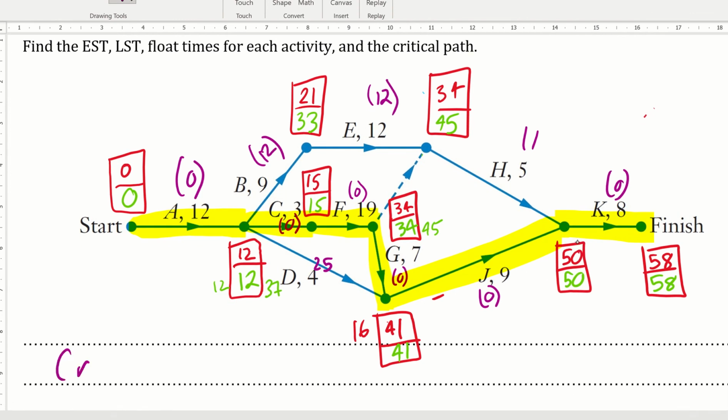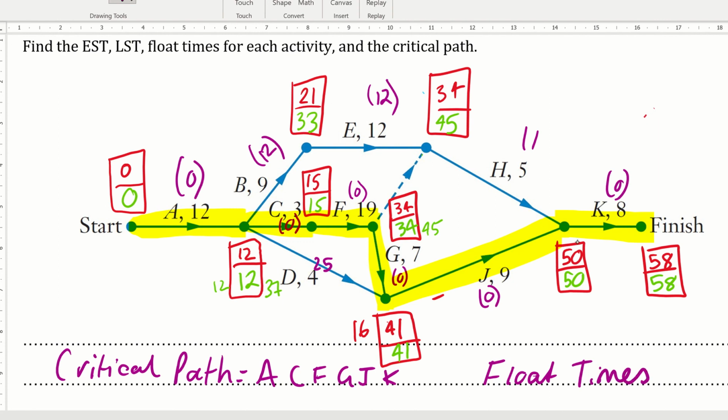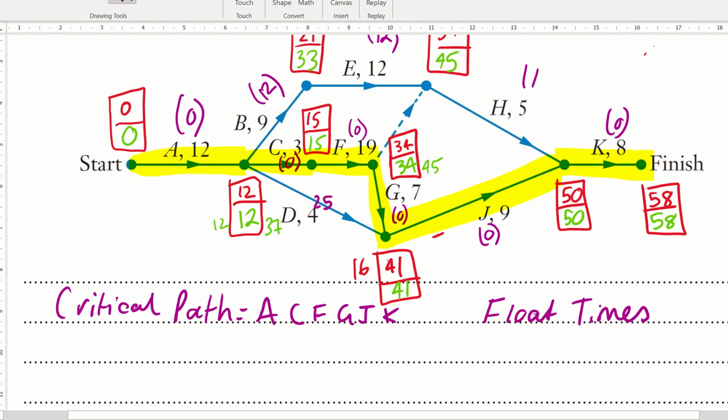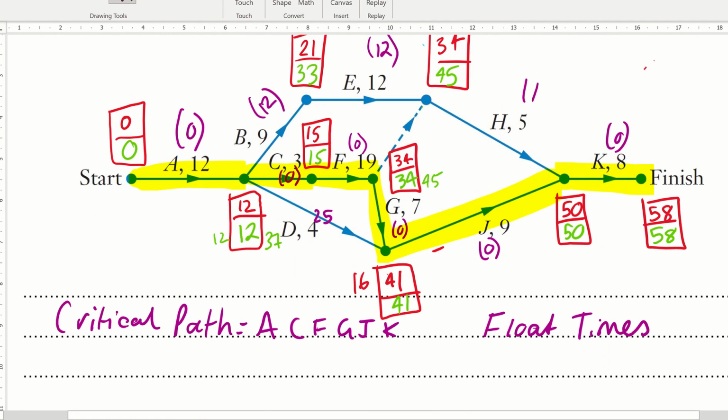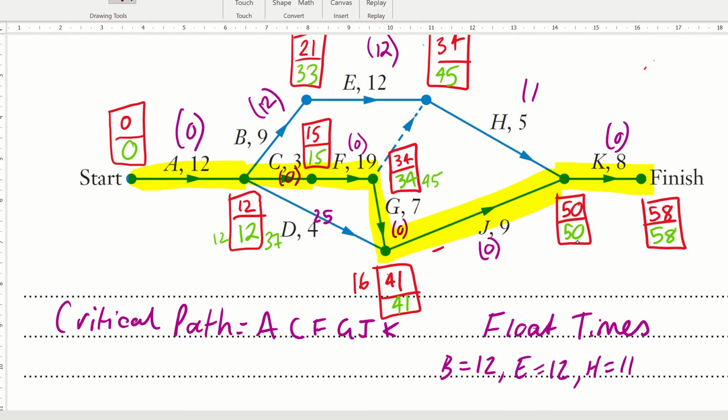So I would tell the marker the critical path is equal to activity A, C, F, G, J, K. And then I would put float times, and we're going to list each one. The float times we only need to mention are the ones that are not on the critical path. So I'll say, okay, B is 12, E is 12, H is 11, and D is 25.